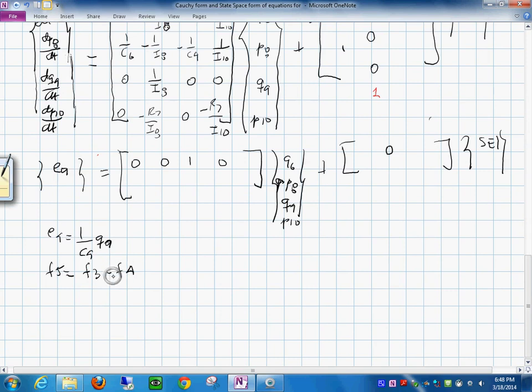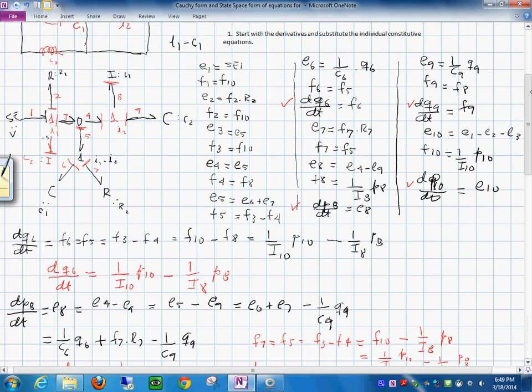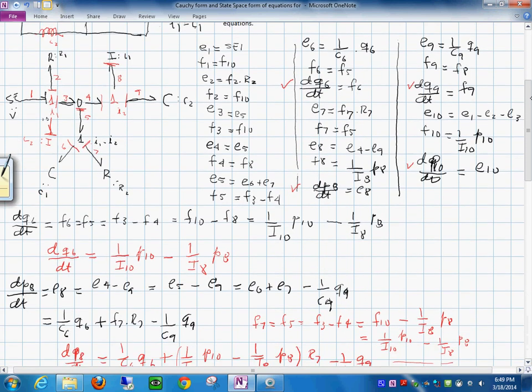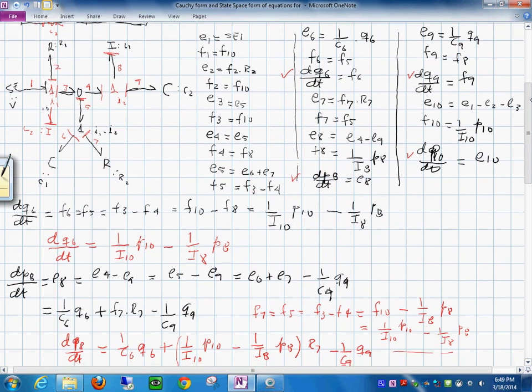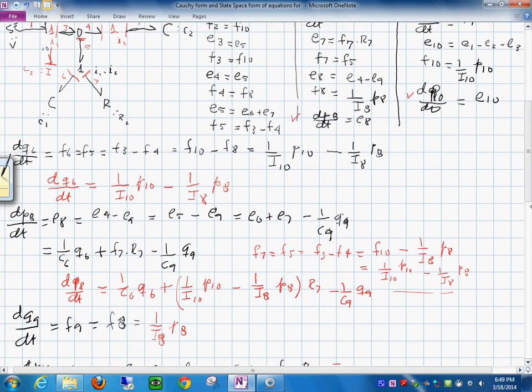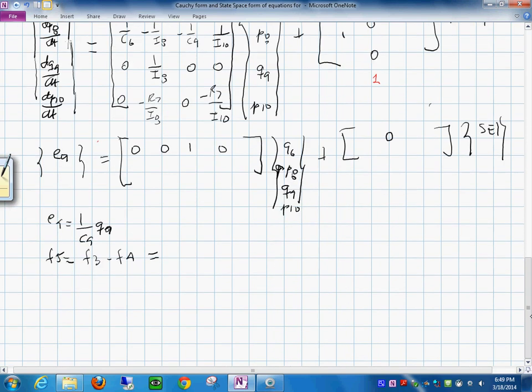Okay, so F5 is F3 minus F sub 4, and I wonder what F3 was. F3 is F10.